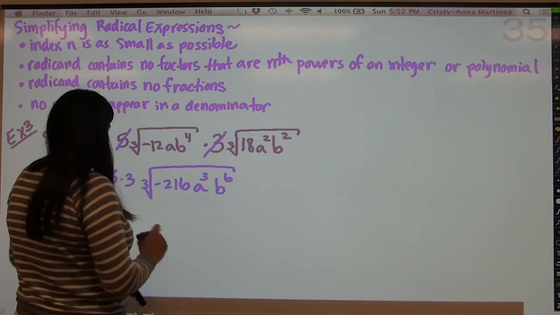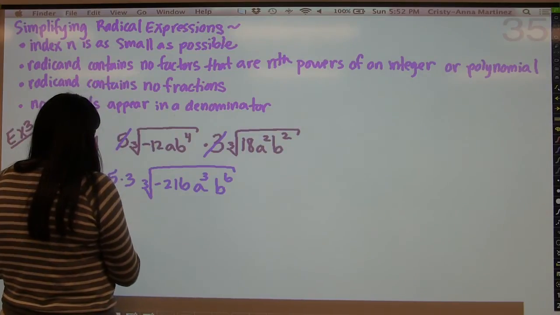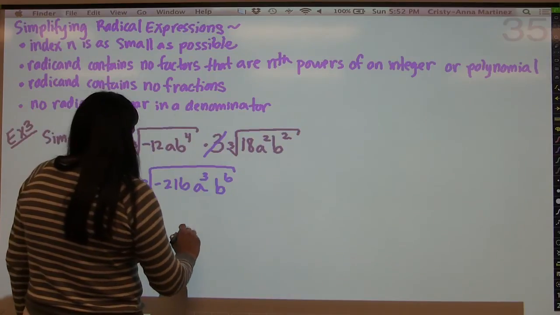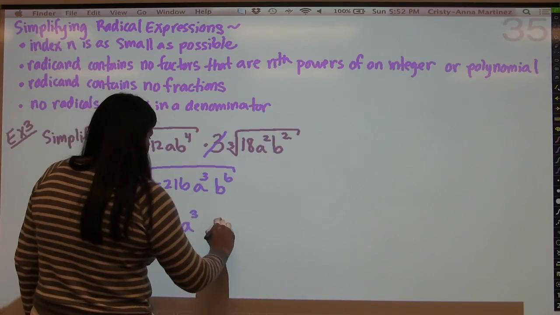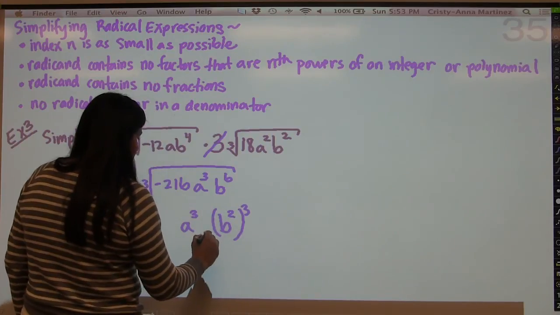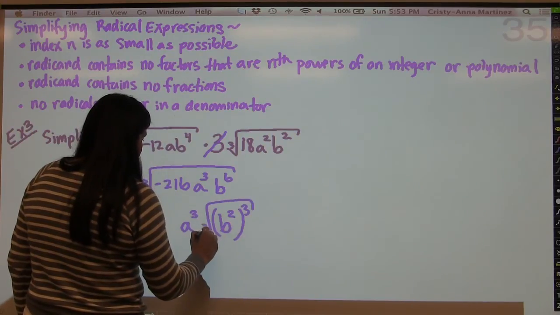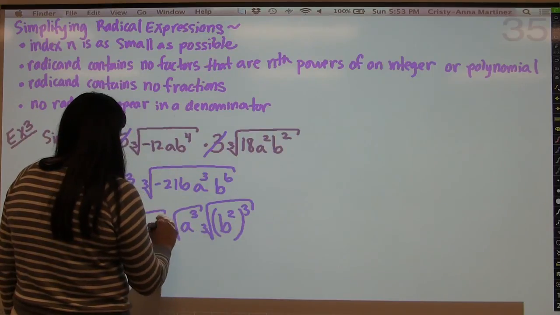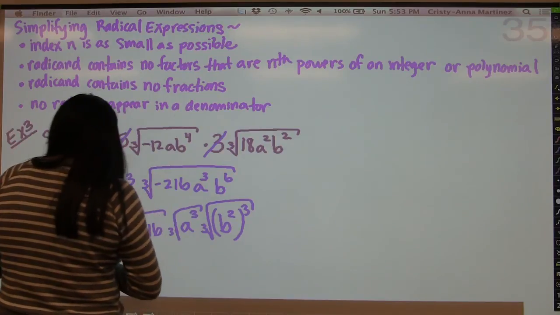And now we can actually try to simplify this a lot easier. 5 times 3 is obviously 15. We're going to get a cubed. We're going to get b squared cubed, which is 6. And so those are going to be cube root, and cube root of negative 216.